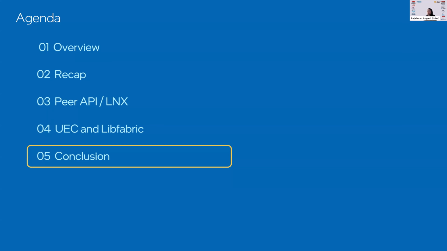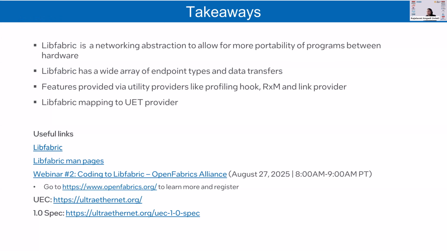So let's wrap up with what we have heard. Just to summarize, we discussed what Libfabric is, what the different types of endpoints are, what the different types of data transfers are, and we also saw some example snapshots. Some examples were presented in the previous conference presentation, the same HOTI conference presentations, and those will be posted on the Libfabric GitHub repository.